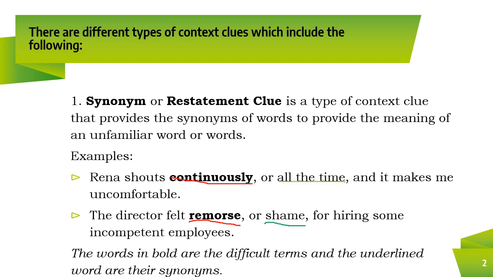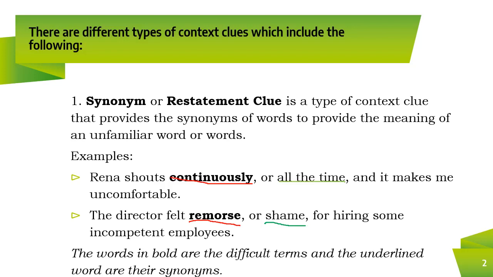So remorse and shame are synonymous. They have the same meaning. So we can say that remorse means shame. It could be regret. It could be disappointment. Any other word that is synonymous to remorse or shame could be the meaning of remorse. So when we say synonym, I will just repeat, we give the same meaning.